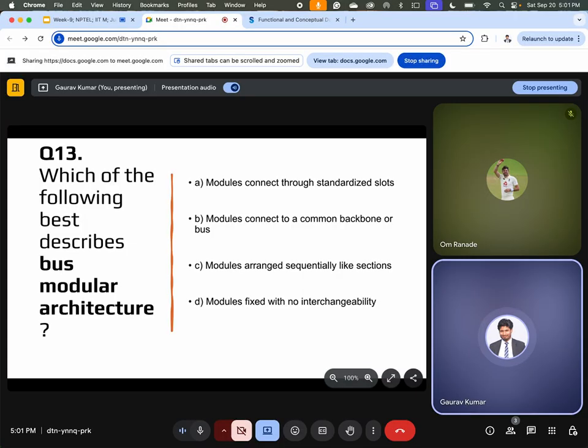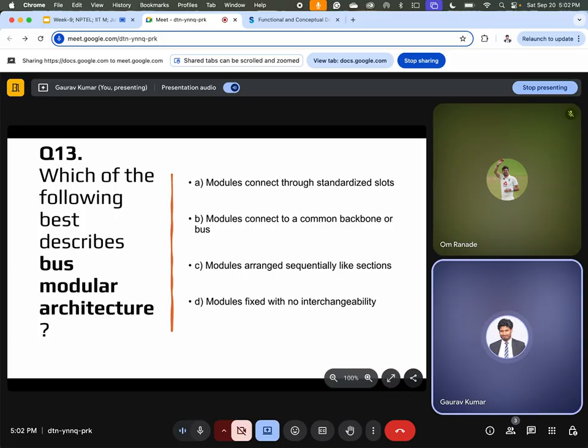So a classic example is the USB system in a computer, where many peripherals connect to a single bus without needing a unique slot. So this setup enables scalability and interoperability, making it easier to add or replace modules without redesigning the entire system.